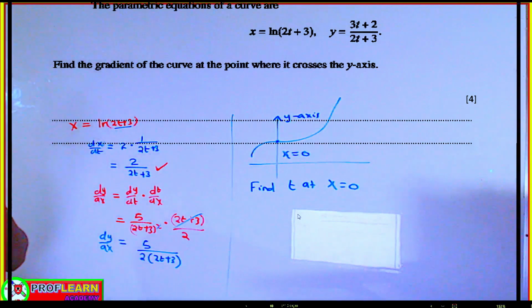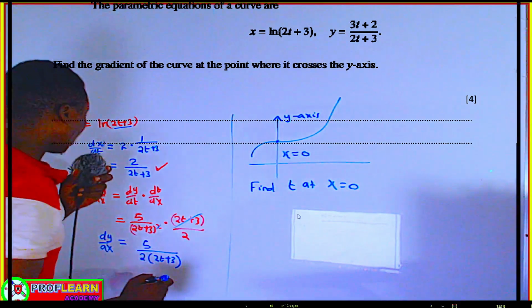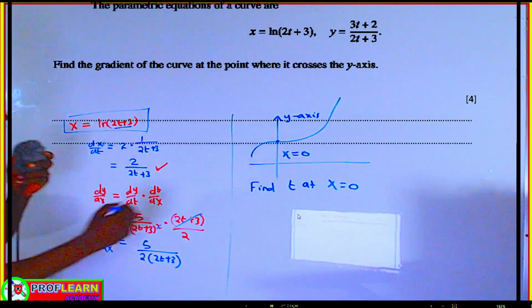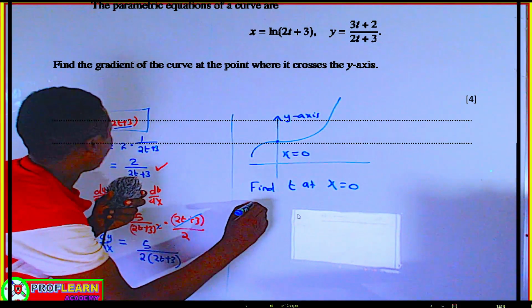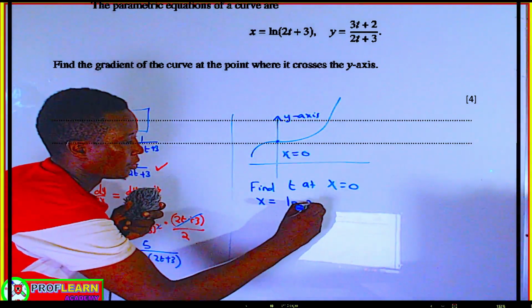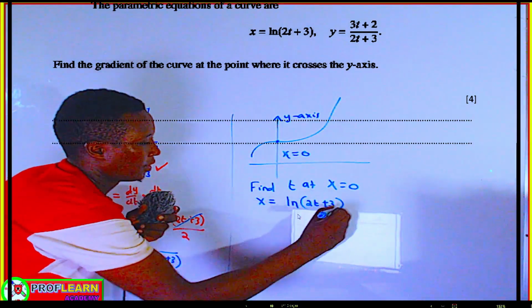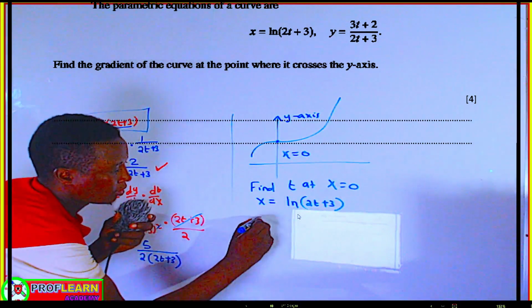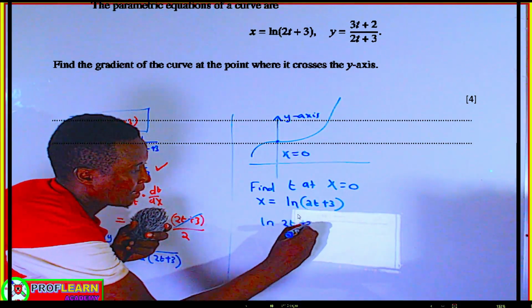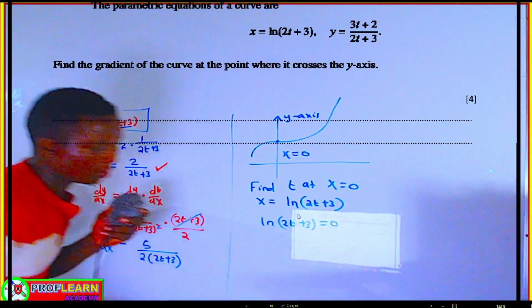So let us look at the parametric equation that we were given in terms of x, this one here. We are going to say x is equal to ln of 2t plus 3, but at x equal to 0, ln of 2t plus 3 is going to be equal to 0.